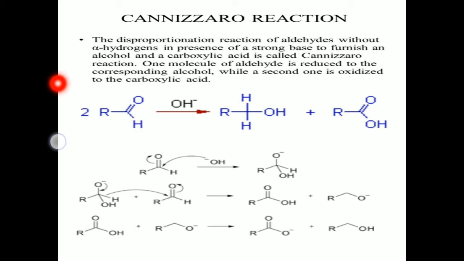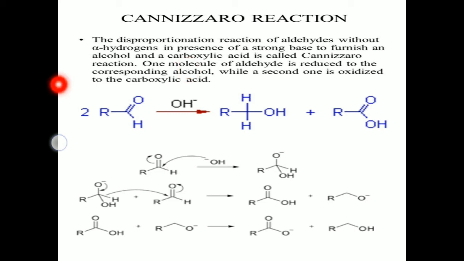In the presence of a strong base like potassium hydroxide, the two aldehydes participate in the reaction. One aldehyde converts into an alcohol, and another aldehyde molecule converts into a carboxylic acid. This is called the Cannizzaro reaction.